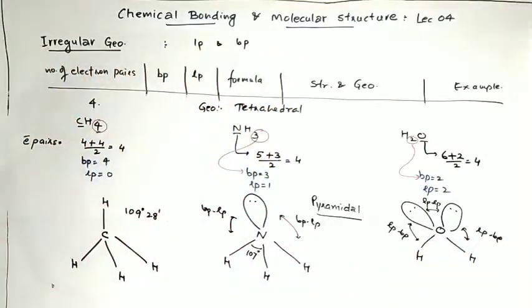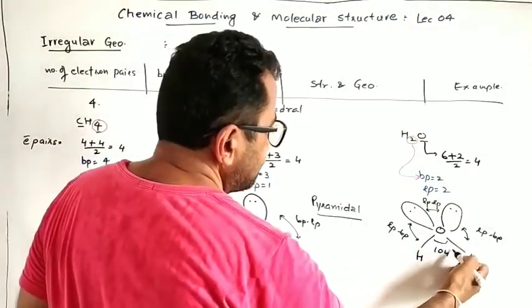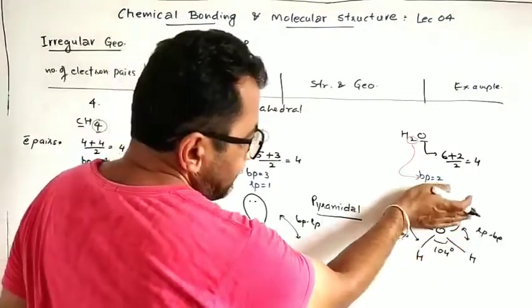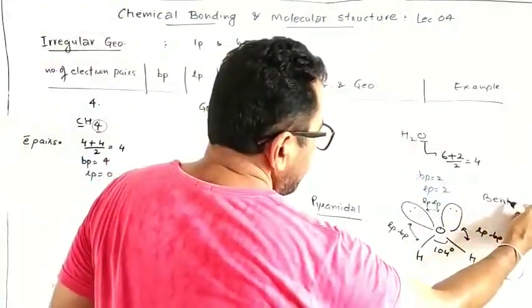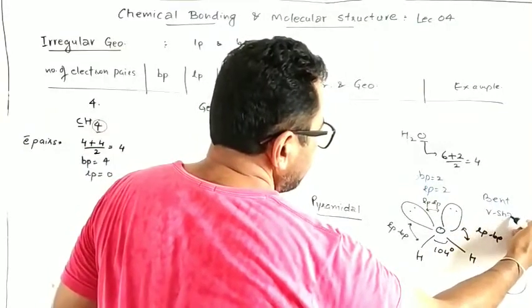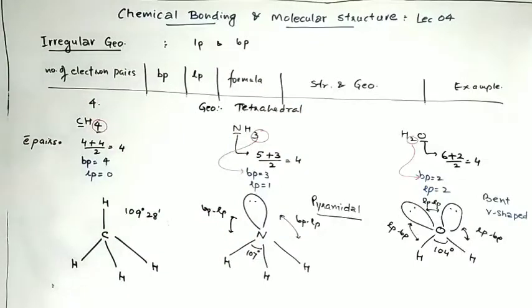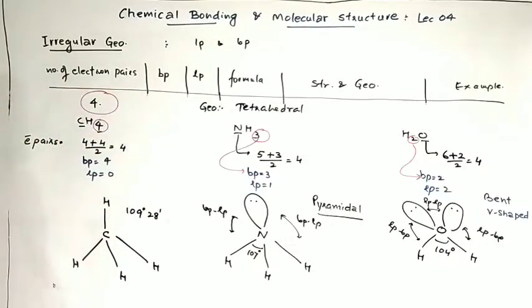Because of more lone pair repulsion, the bond angle further reduces to 104 degrees. You have to memorize these bond angles. Again the geometry, forget about these lone pairs. So shape is again bent or V shape. So this is about the total number of electron pairs, 4, in which these possibilities are there.